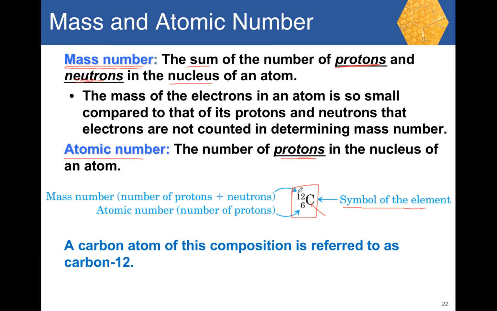You'll see a superscript, a larger number, and that is the mass number. Don't forget the mass number is defined here. You'll see a subscript to the left of that number, and that's the atomic number, which is defined here as the number of protons.